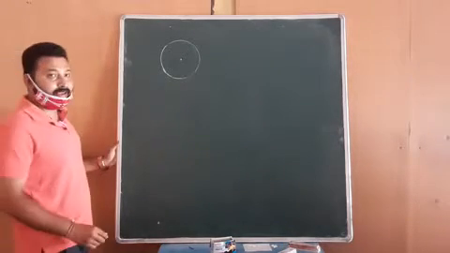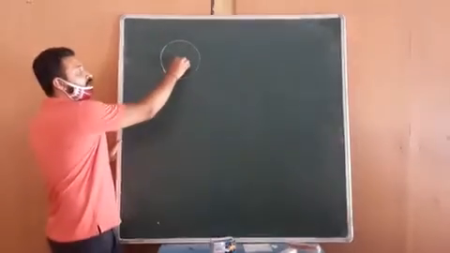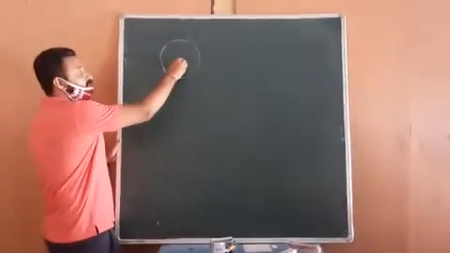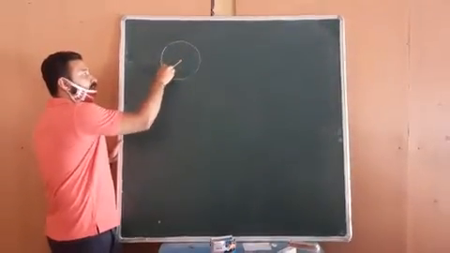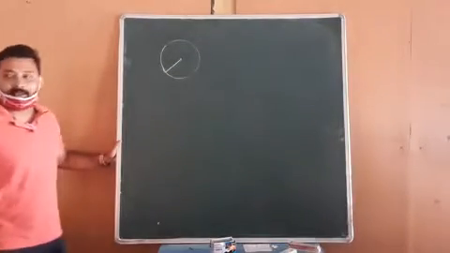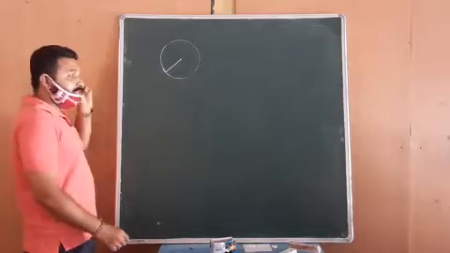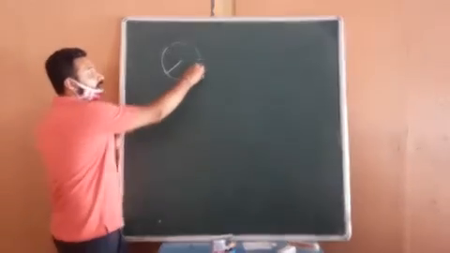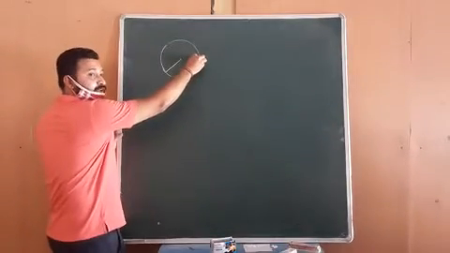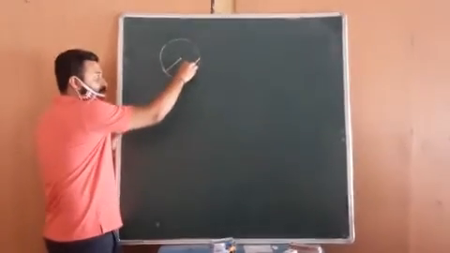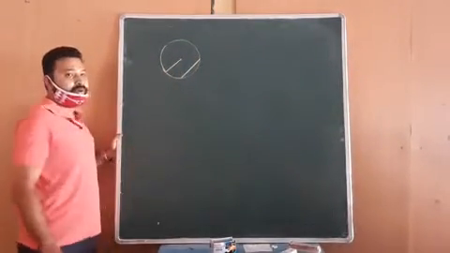In a circle, any line segment which joins the center and any point of the circle is called the radius of the circle. A line segment that joins any two points of the circle is called its chord.